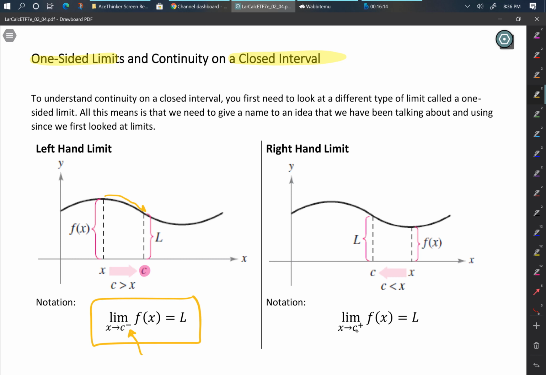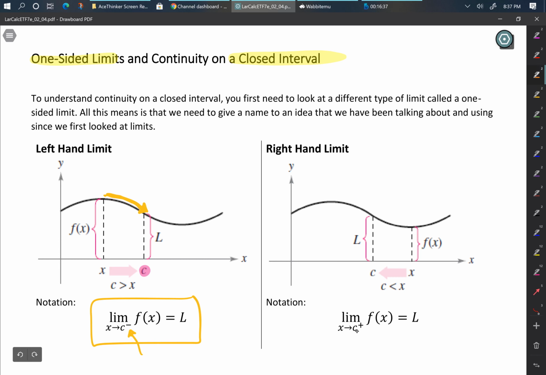That does not mean that c has to be a negative number. That just means we approach c from the left-hand side. So a left-hand limit, a one-sided limit. All we're doing is giving a name to something we've already used. We've said, what does the function approach when you come in from that left side? And so we're talking about a left-hand limit.